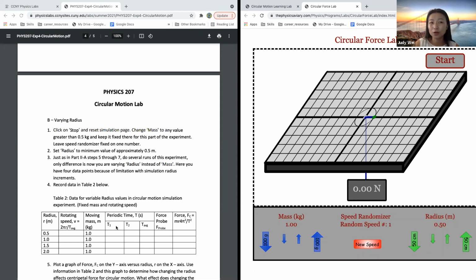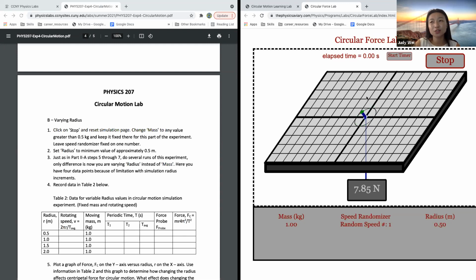How you record the period is still the same. When you start, you can record for 20 revolutions and divide the time by 20, then you get 1 periodic time and put it here.